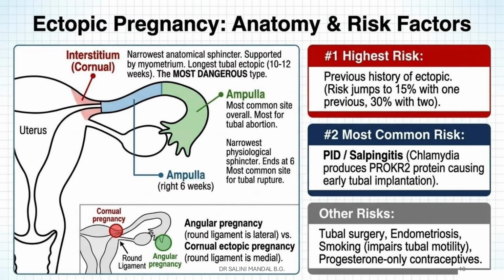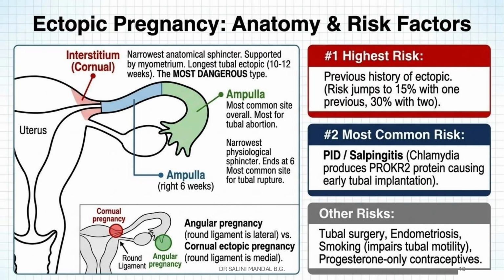Okay. Next one, a little about ectopic pregnancy. See, we know that fertilization takes place in the ampullary region. Correct. So now when we talk about ectopic pregnancy, the implantation is not occurring at the fundus of the uterus, right?